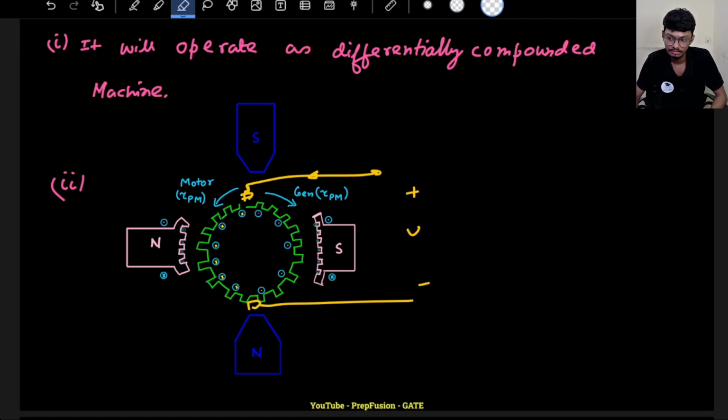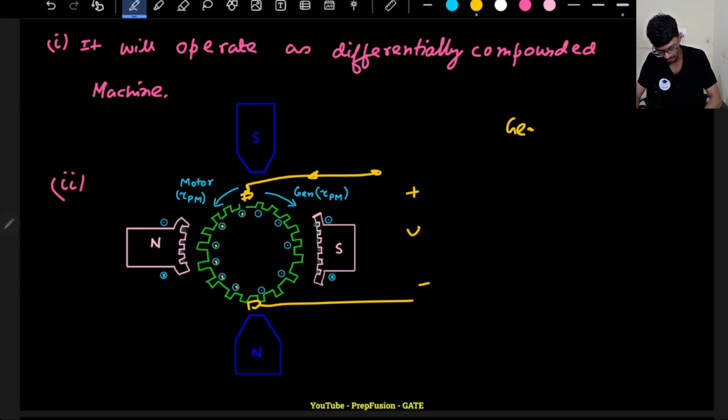So let's understand with the proper equation, right? So previously, what is the equation? In case of generator, what I know is that omega g into the torque that I will give to the generator will be equal to Eg into Ia, right?